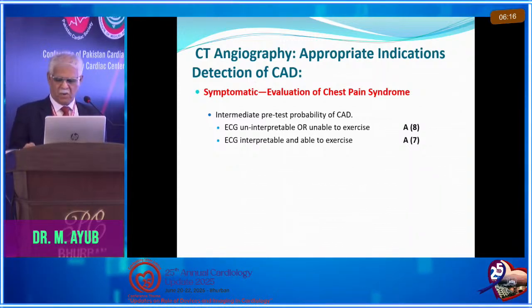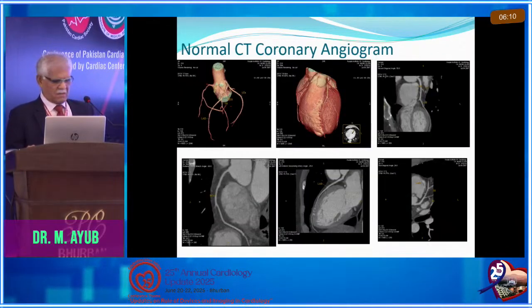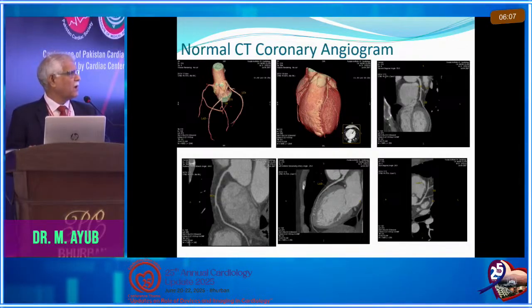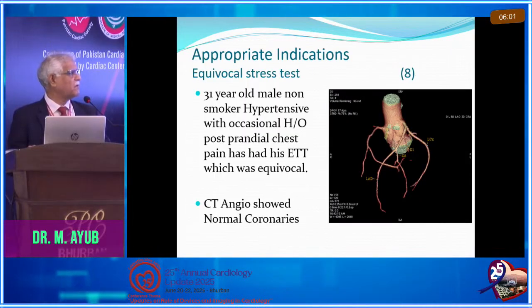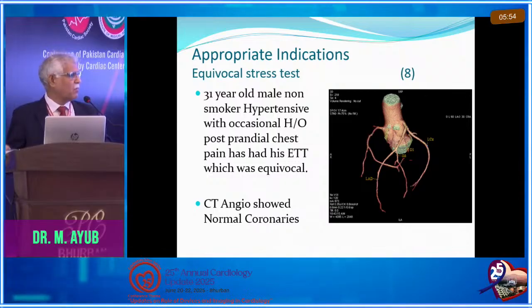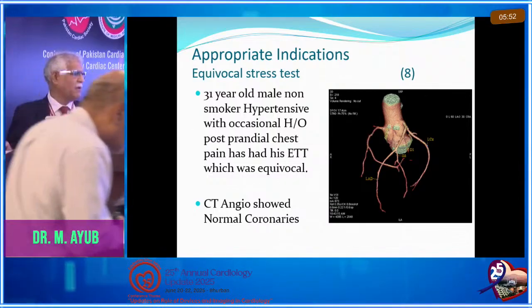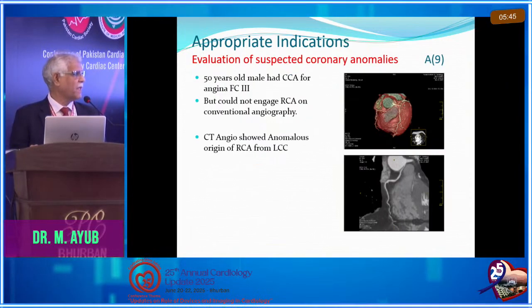This test is appropriate whether the patient is able to exercise or not able to exercise. This is an example of a normal coronary angiogram and an abnormal coronary angiogram in a patient with intermediate likelihood of coronary artery disease. Then when there is an equivocal stress test, you do an ETT test, but it is equivocal, then CT coronary angiography clarifies. It can rule in or rule out coronary artery disease in these patients.